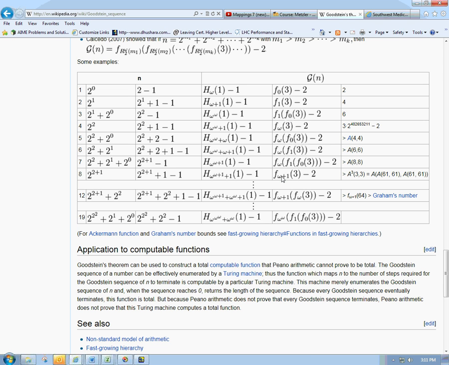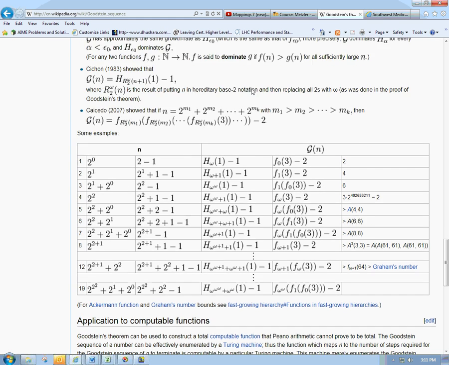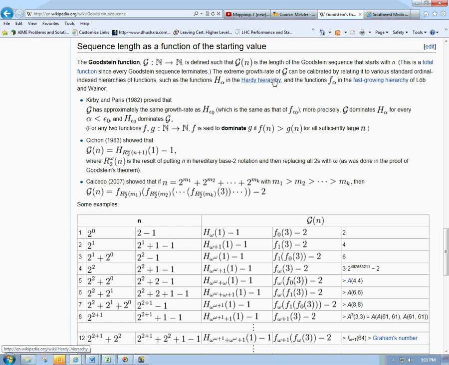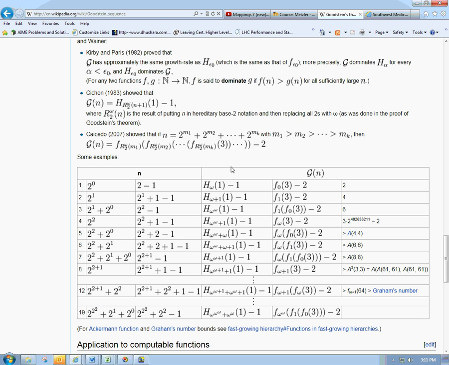Now, there's another hierarchy that I could have introduced you to, called the Hardy hierarchy, referred to up here, these big H sub alpha. It's a significantly less fast-growing hierarchy, but it has the same idea of recursion massively applied. And if you use that hierarchy, there's a really interesting parallel between the structure of the n in hereditary base 2 notation and which function in the hierarchy you have to use to describe how long the Goodstein sequence lasts.